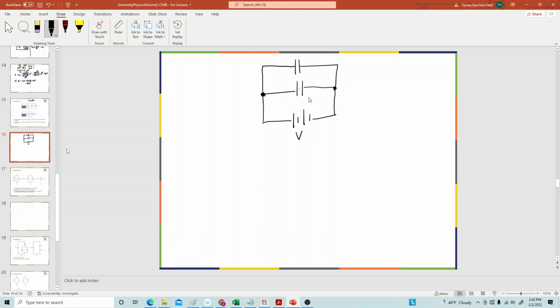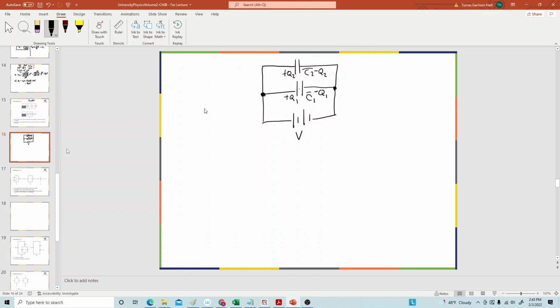So the second capacitor, C2, is feeling the exact same potential difference that the first capacitor is. And so what that means is there will be plus Q1 and minus Q1 and plus Q2 and minus Q2 charges on the plates.